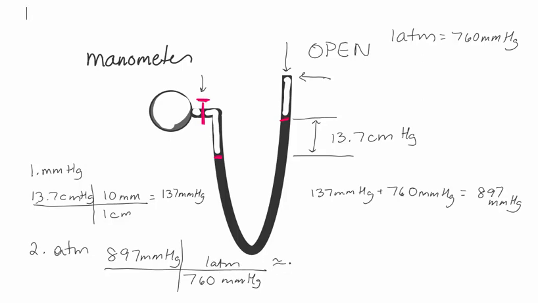That would be just for the distance here. So it's 1.18 atmospheres. 3 sig figs here, 3 sig figs in my original measured quantity. So just a reminder, whenever you have an open manometer, you have to take into consideration the atmospheric pressure that you're given.